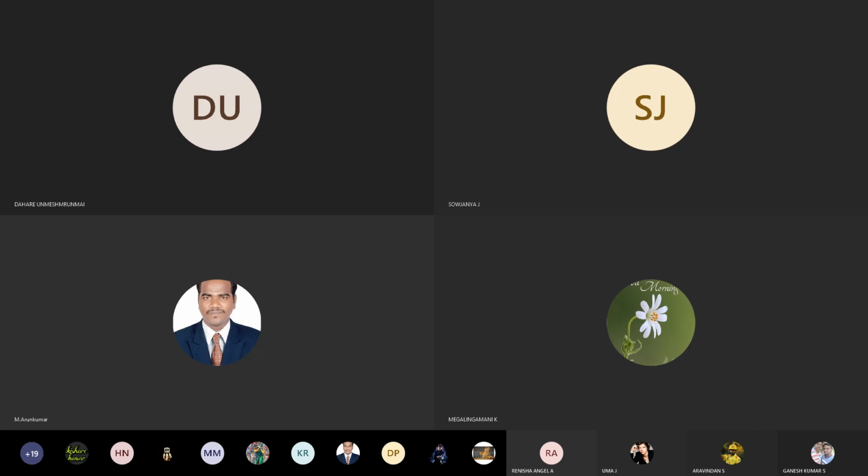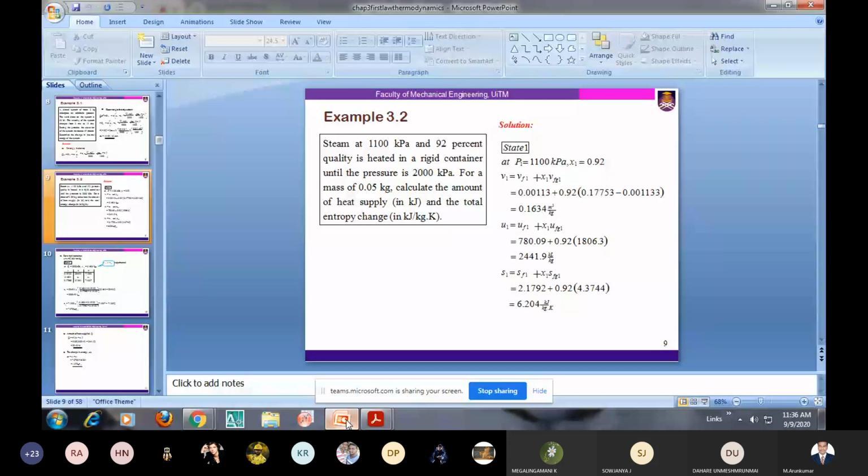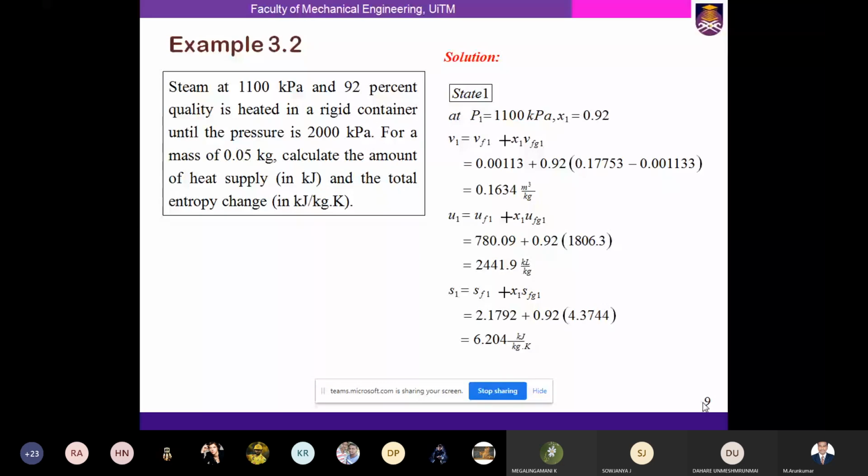Can you see the slide now? No, sir. What about for others? It's visible, sir. Yes, fine. Just try to solve this problem.